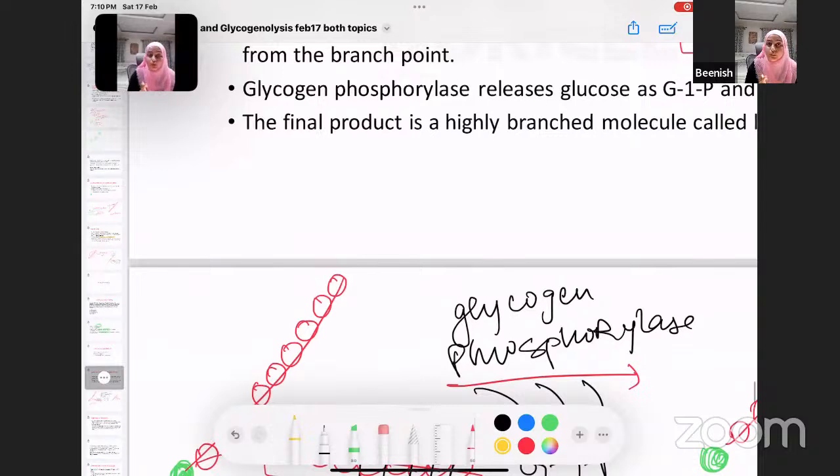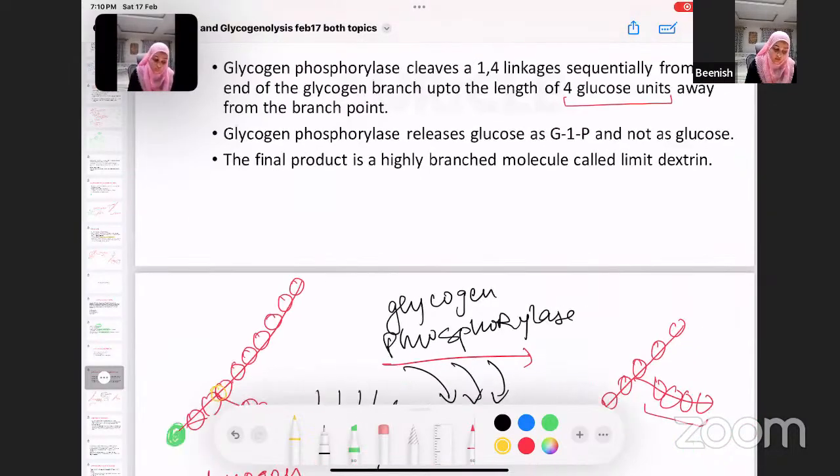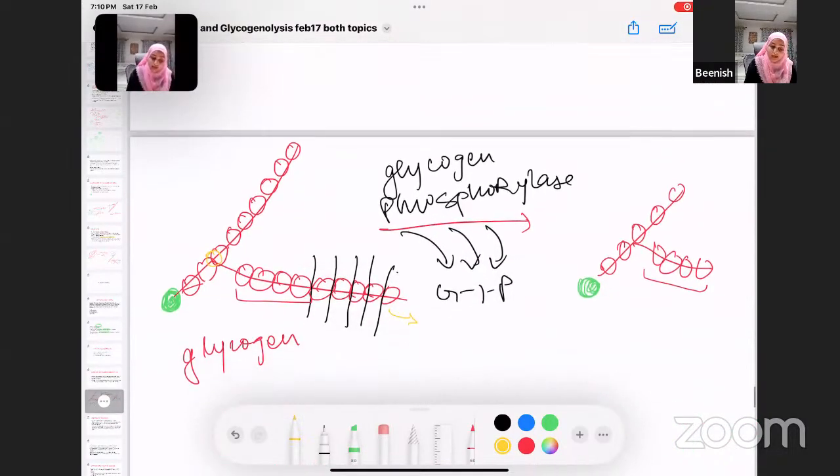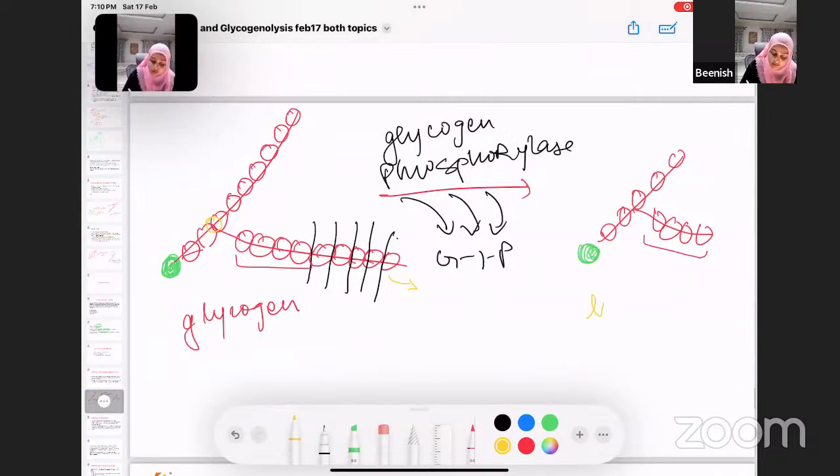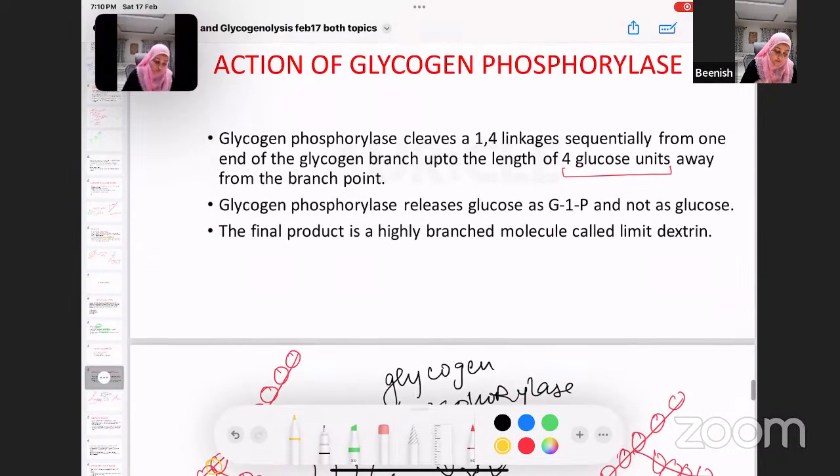Also, it is removing glucose as glucose 1 phosphate and not as glucose. So the final product is a highly branched molecule which is known as limit dextrin. This is your limit dextrin. Because the branches have not been removed, it is highly branched.